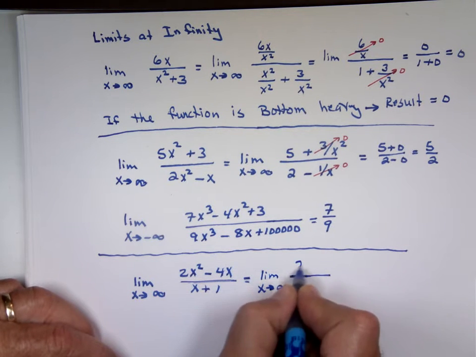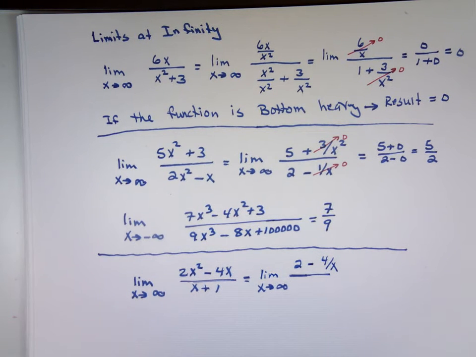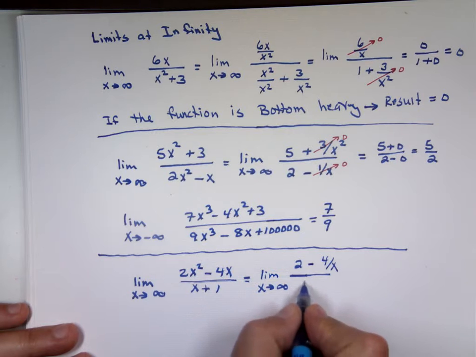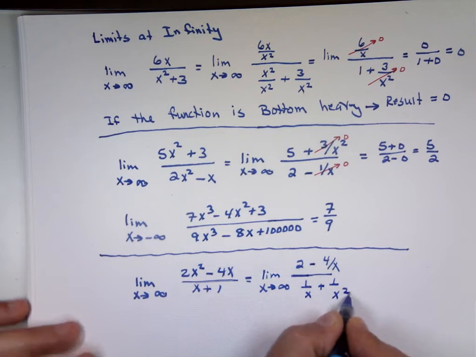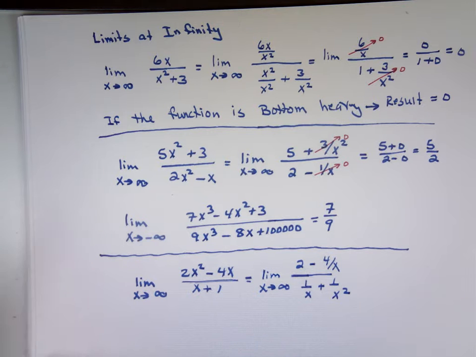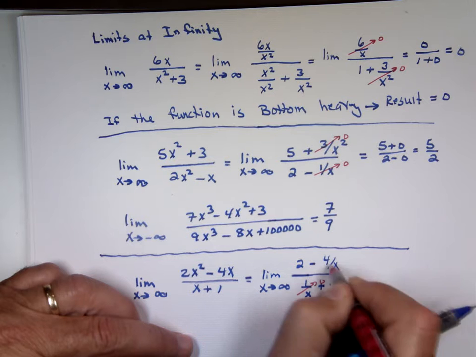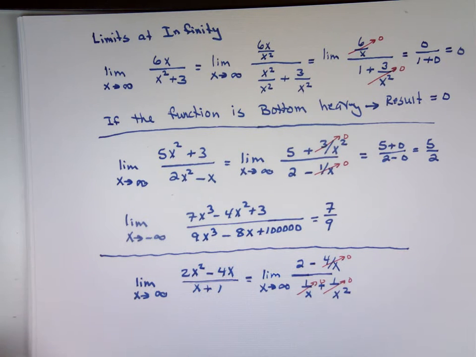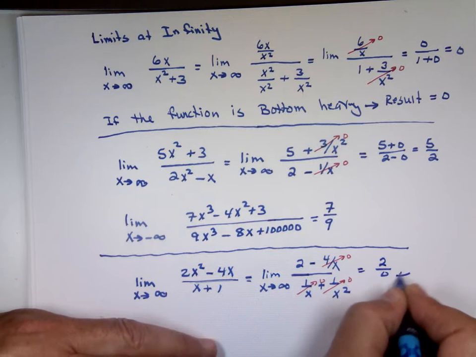The limit of 2 minus 4 over x, because I'm dividing everything by x squared, over 1 over x plus 1 over x squared. Anything that has x in the bottom of it or squared will go to 0. So we'll have what? 2 over 0, which we know is a problem.